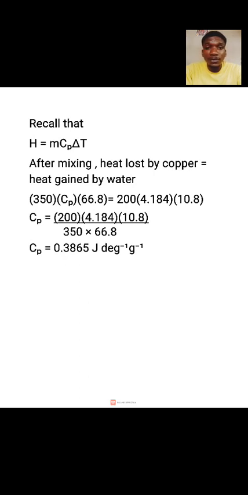Recall that heat is equal to m C subscript P delta T. That is the equation that relates heat and heat capacity with mass and temperature. After mixing the copper with water, there is going to be heat lost by copper and heat gained by water during the process.